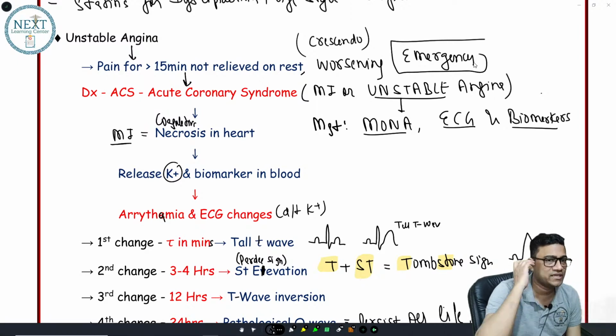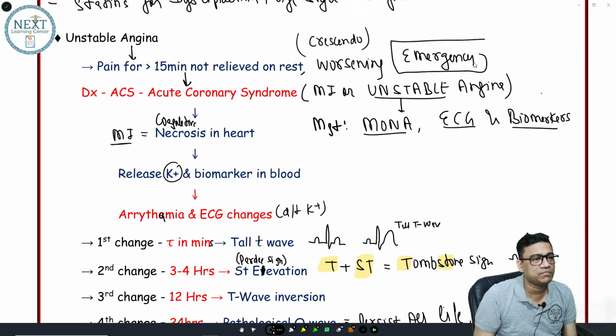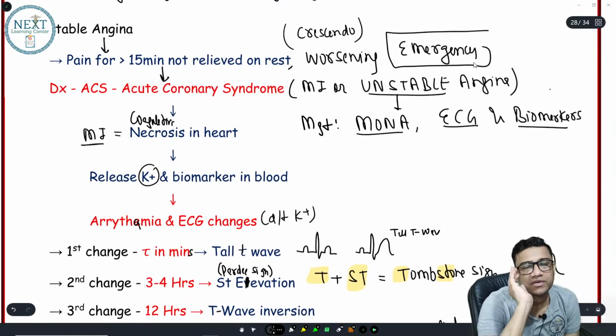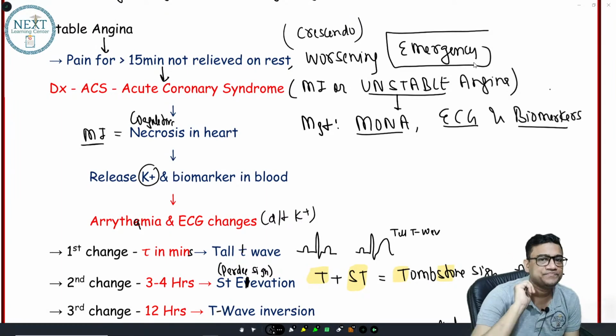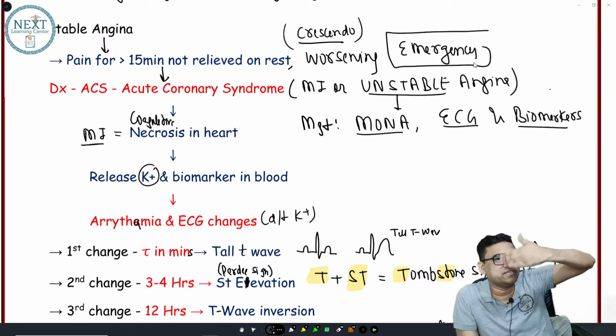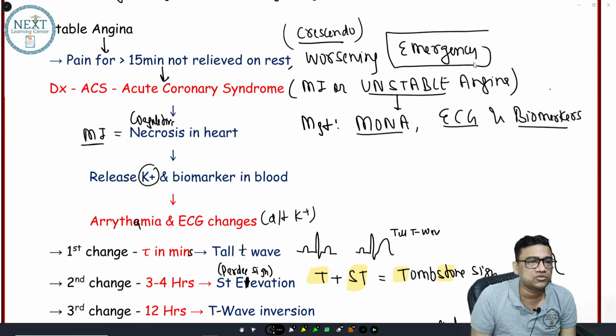Also called as acute coronary syndrome. Now, what do we mean by acute coronary syndrome? Basically, the pain is not relieved even at rest or with nitrates, and the pain is worsening. The worsening is called as crescendo. Crescendo means keep on rising. So it becomes an emergency and it is called as acute coronary syndrome.